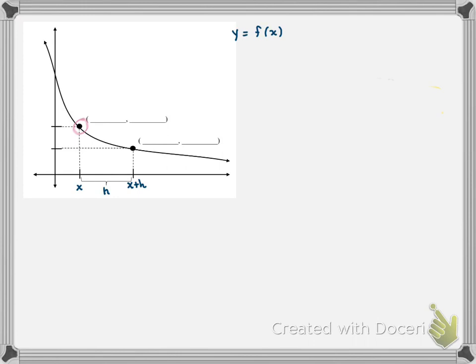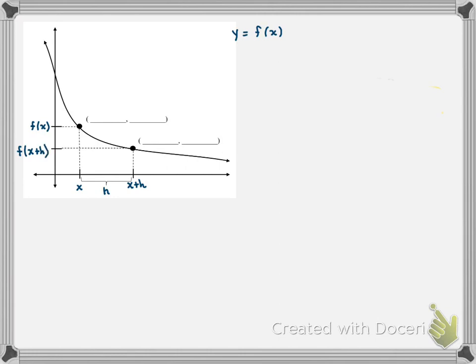Yes, it's f of x. And so what's the y-coordinate of the second point? X plus h. Yep. It's our function evaluated for the x value, which is x plus h.